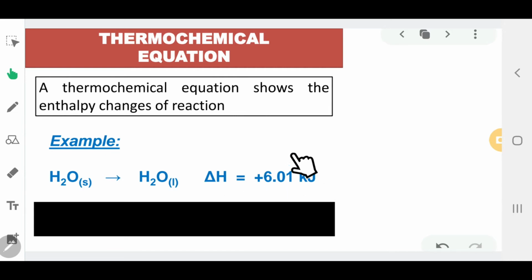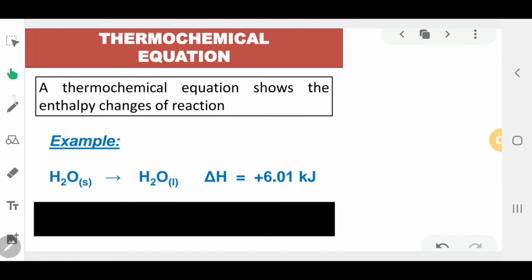The information on the right hand side of this thermochemical equation tells you that the process from solid water into liquid water requires the system to absorb energy. So this is an example of a thermochemical equation.